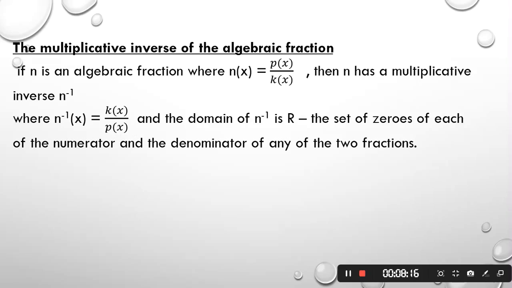What about the domain? The domain of n is R minus the set of zeros of k. But the domain of n minus 1 is very important. Listen carefully. The domain of n minus 1 is R minus the set of zeros of each of the numerator and the denominator of any of the two fractions.